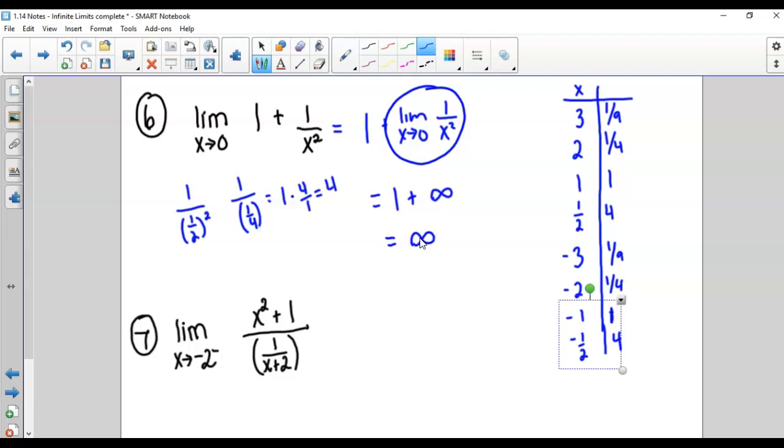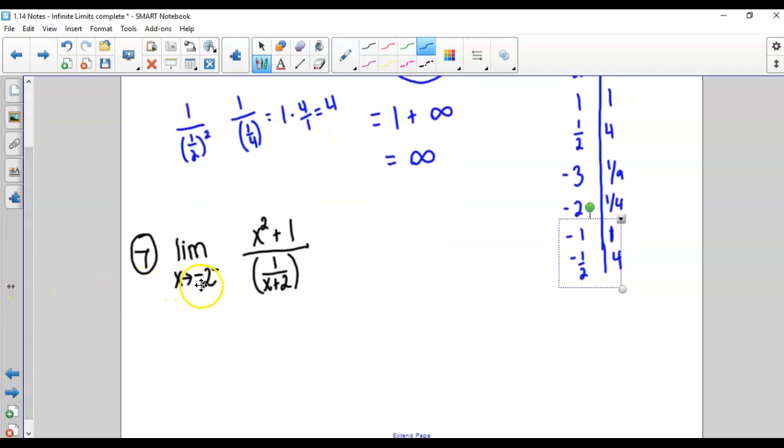Okay, so for example 7, we have the limit as x approaches -2 from the left of x squared plus 1 over 1 over x plus 2. Whenever we look at our properties of limits, we could take the limit of the top and the limit of the bottom.